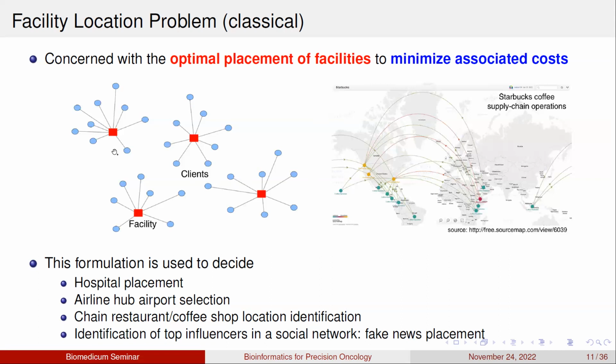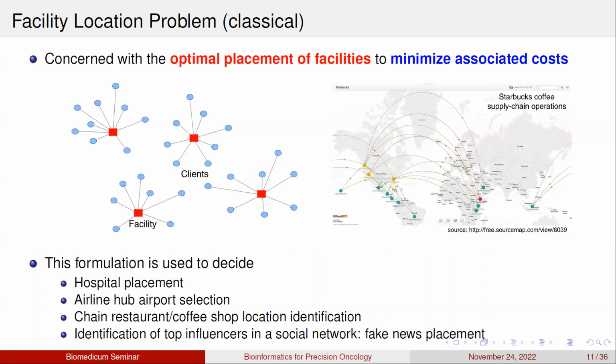This problem has been applied to numerous real world problems, for example, hospital placement, airline hub and airport selection, Starbucks supply chain operation, FedEx supply chain operation, and even different social media research.